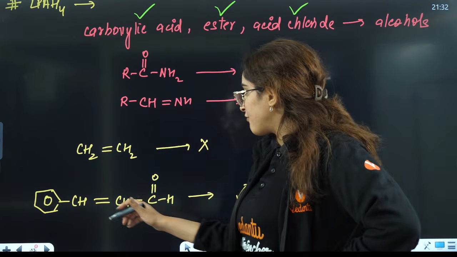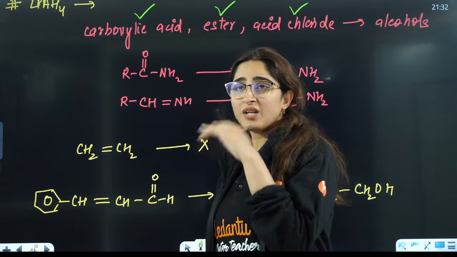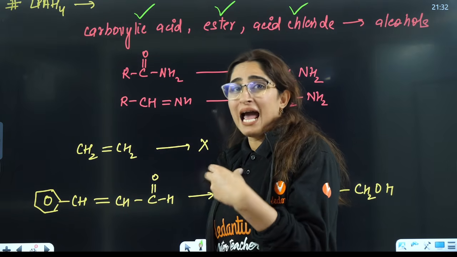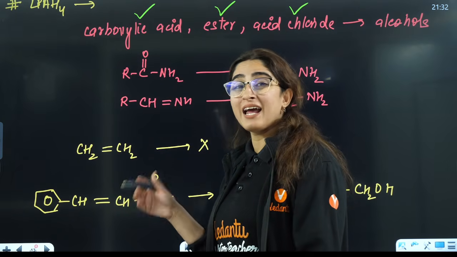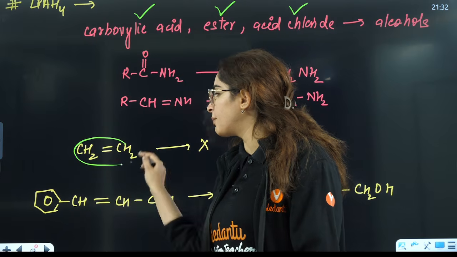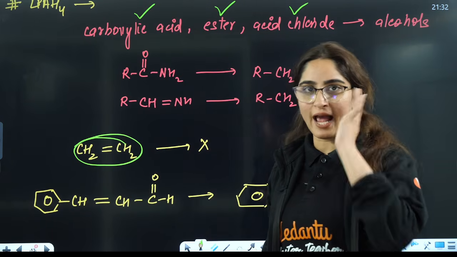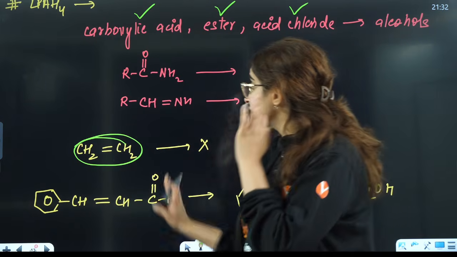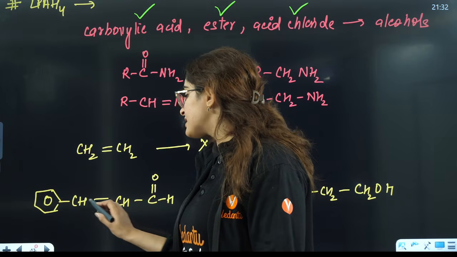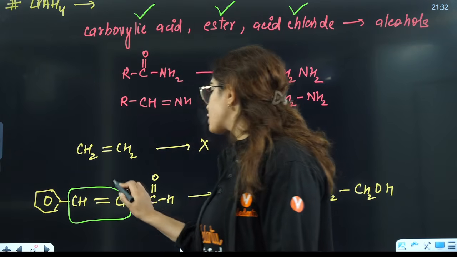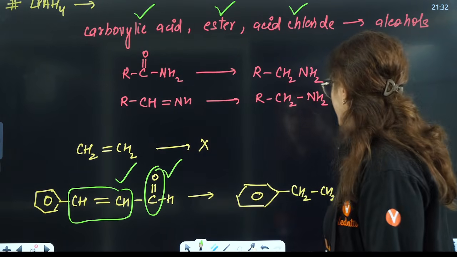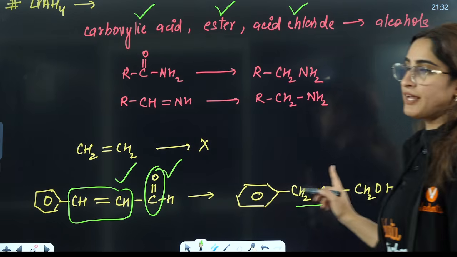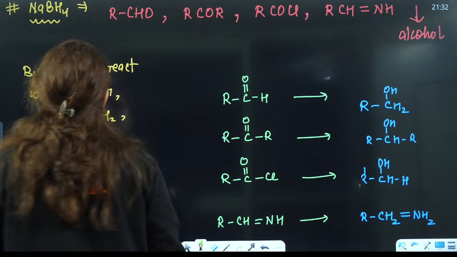But if in an aldehydic system you have a C double bond, then it will not react. But if it is in a cinnamonic system, that is phenyl CH double bond, then this also will be reduced. That's a very important question of your NCERT, right?